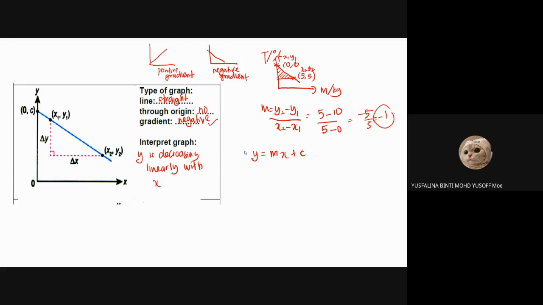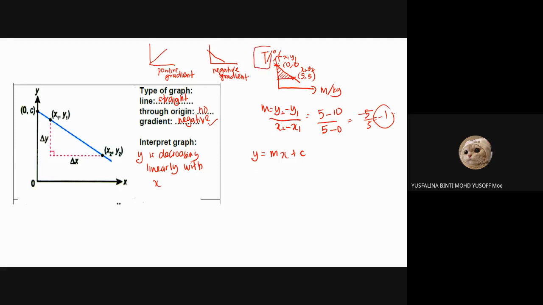What is the equation? Someone answers: G is negative m plus 10. Let's see whether it is true or not. What is the title of the y-axis?